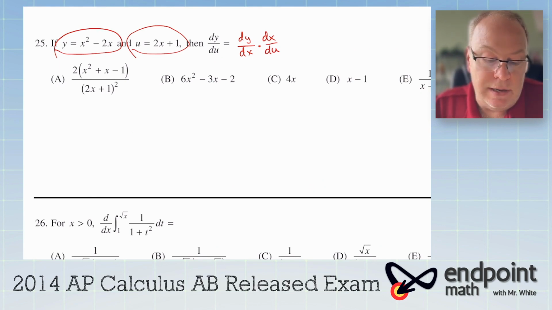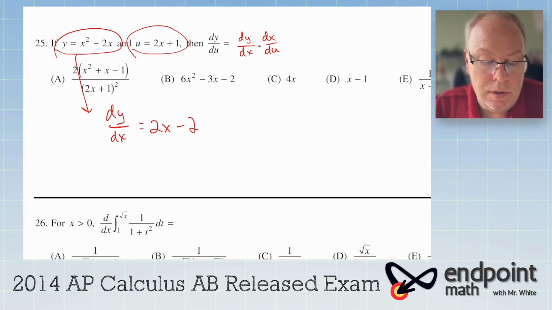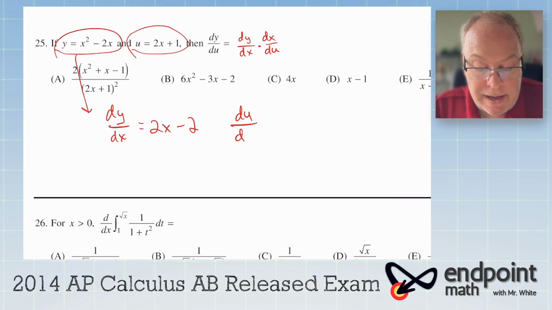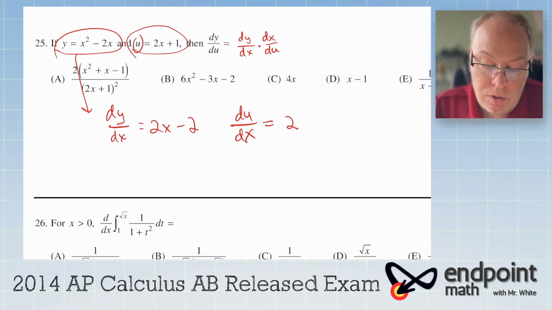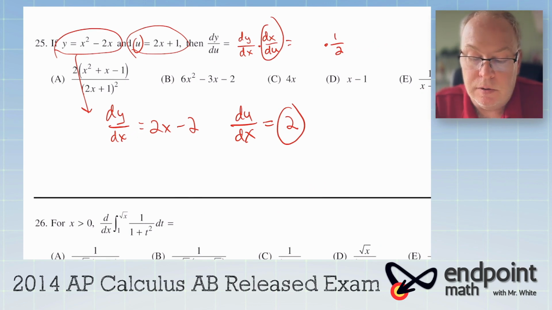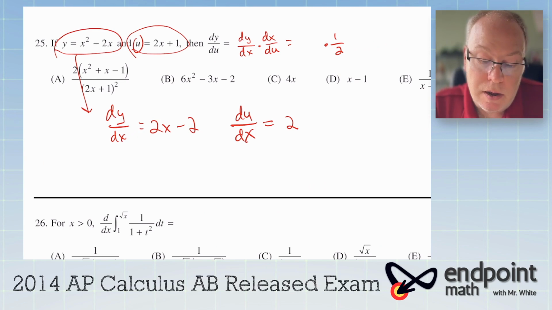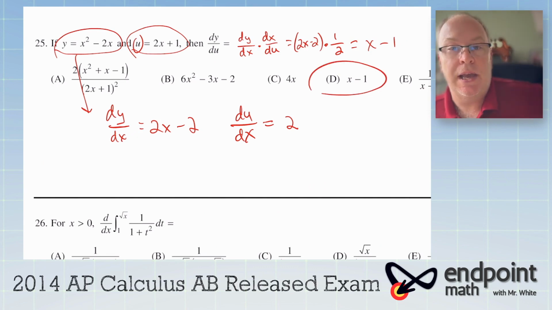We need dy dx, which would be 2x minus 2. And then du dx, the derivative of u with respect to x, would be 2. Now we flip over that du part, and it becomes a half there. And then we bring our 2x minus 2 in there. That ends up being x minus 1, which is the answer.